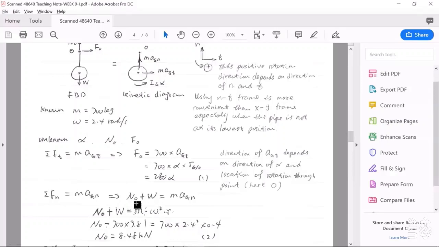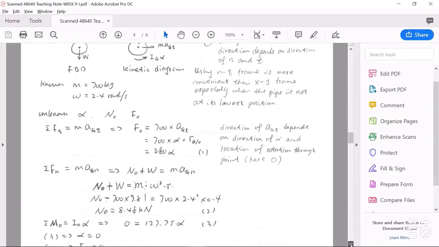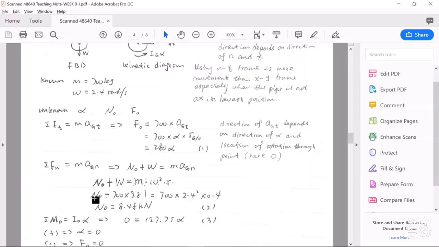One is NO, this one upward positive, and W, this one negative. On the right side, that's m times AGN.